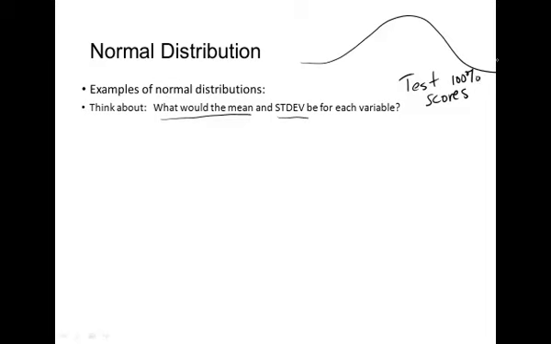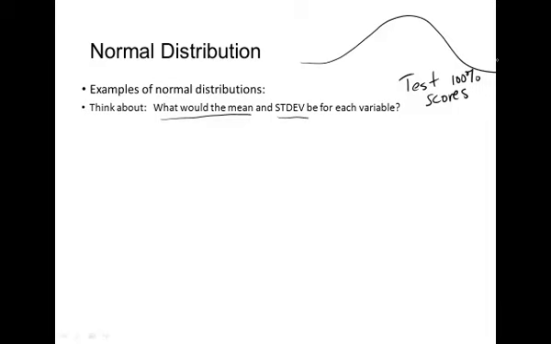So if 100% is the maximum test score, and a statistics class takes an exam, let's say it's not a particularly easy exam, but it's not the hardest exam ever. You could think about what could be the average test score. And then also what would the standard deviation be for that list.